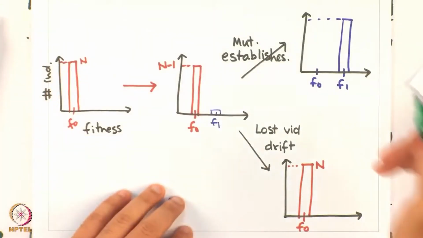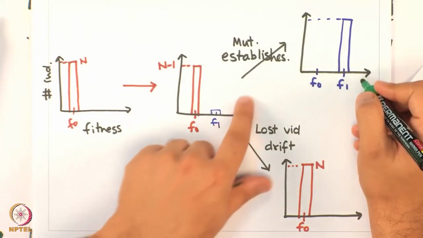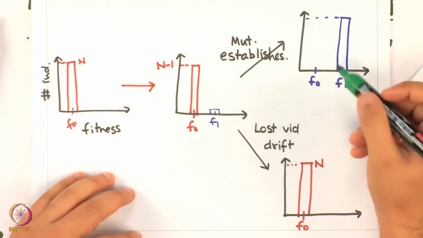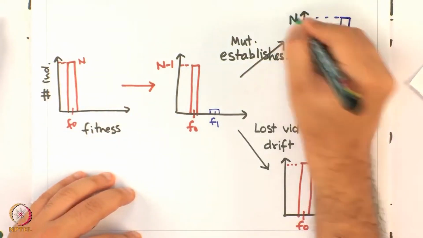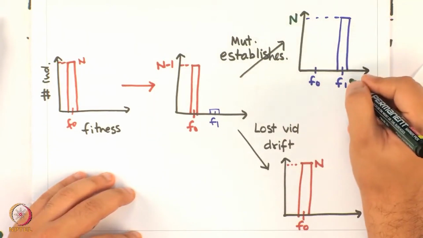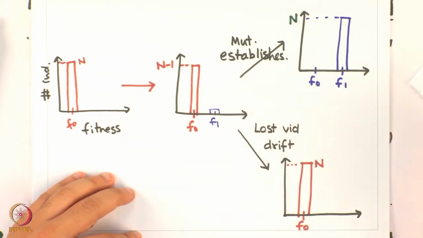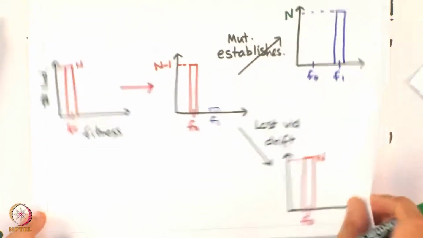That is exactly what is represented here: the mutation establishes and from thereon goes to fixation, and you have n individuals which now belong to genotype F1 and 0 individuals which belong to genotype F0. So, these are all identical representations, they just represent different facets.